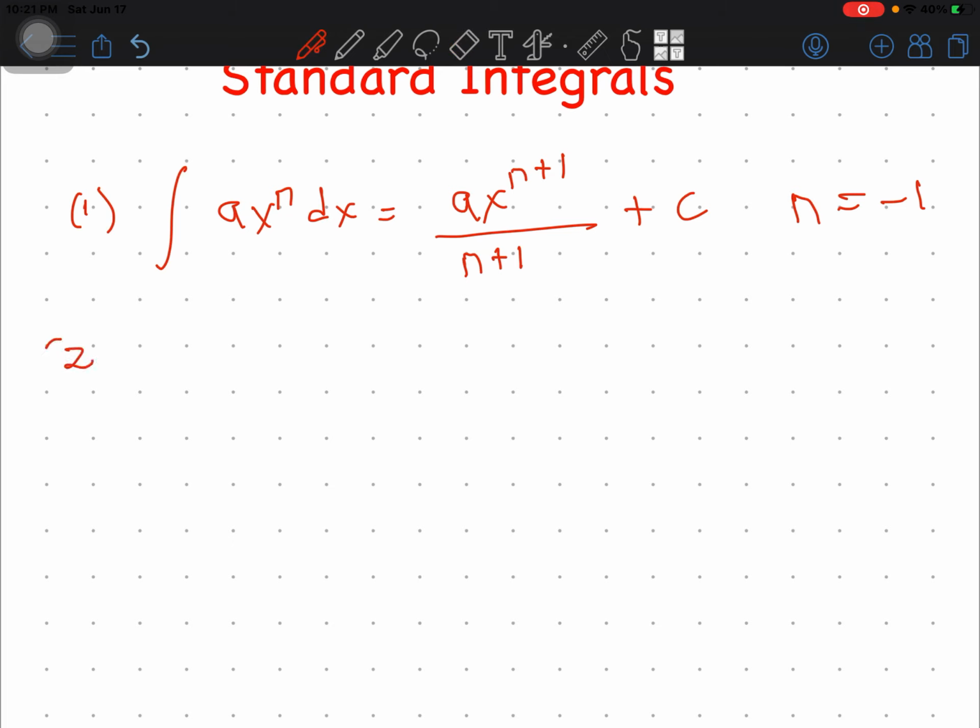So the second standard integral is the integral of cos ax dx. And as I said, when you get a trigonometric function like this, what you need to do is differentiate whatever is inside the brackets, and then you divide.